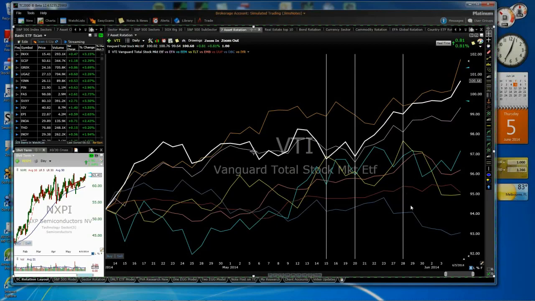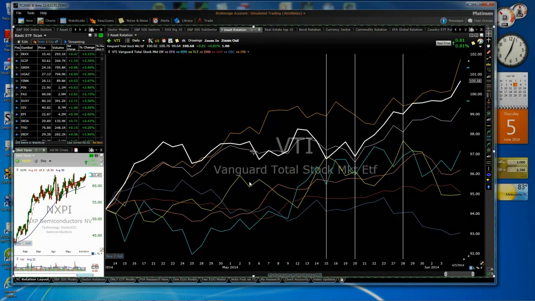Those particular ETFs are about the best diversification benchmark we can use within those asset classes to give us a good idea of what's going on, and then we can dig down into the components. I call these scatter charts because everything is scattered all over the place.